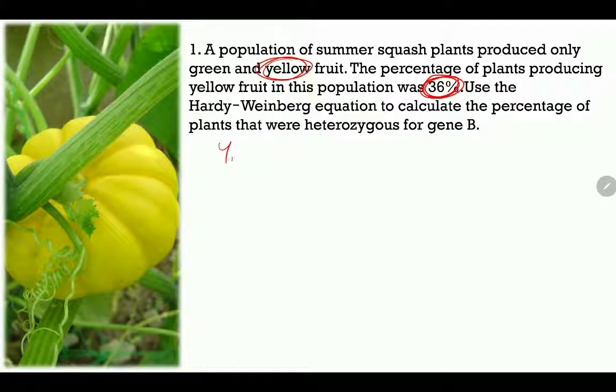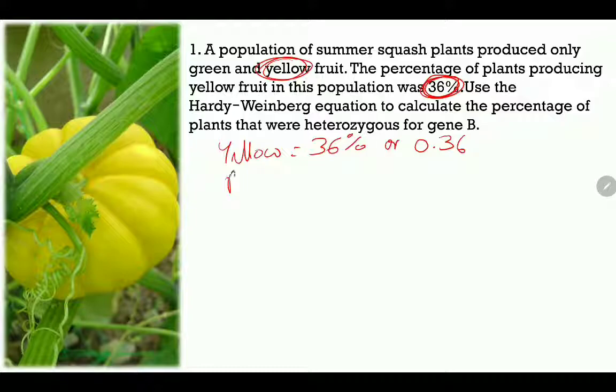So yellow is equal to 36%. Now, when we're working with these equations, we always have to have decimals. So we know that 36% is also 0.36. So our yellow is going to be our homozygous recessive.